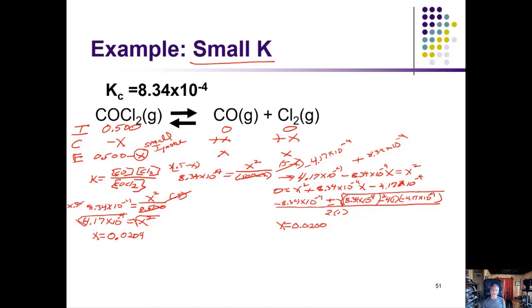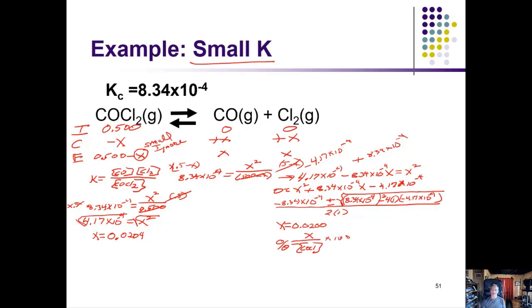Let's go ahead and calculate the percent ionization, or follow our 5% rule. So that's going to be x, whatever x it is, over our starting concentration of COCl times 100.